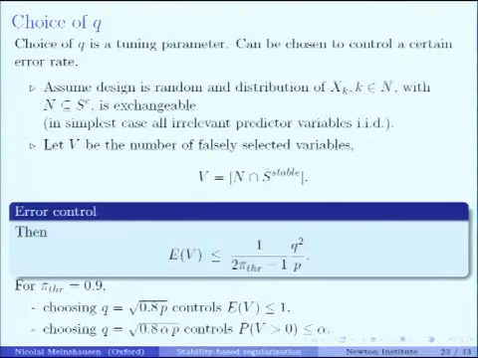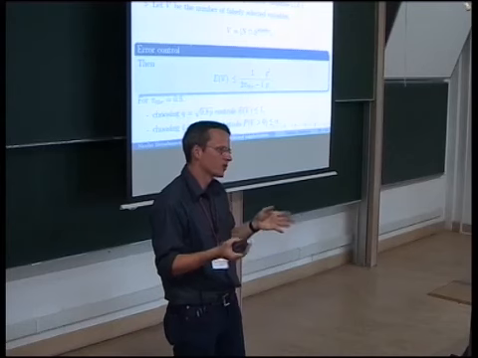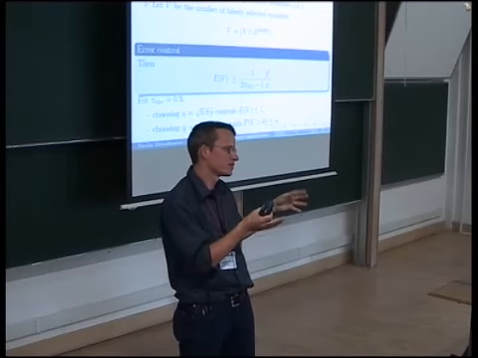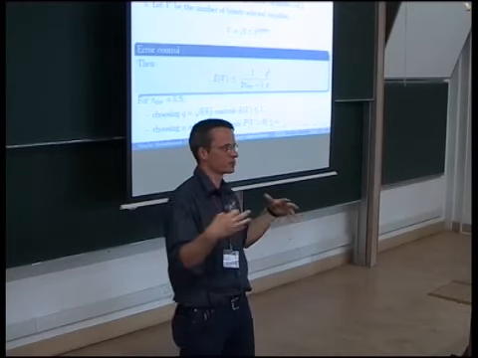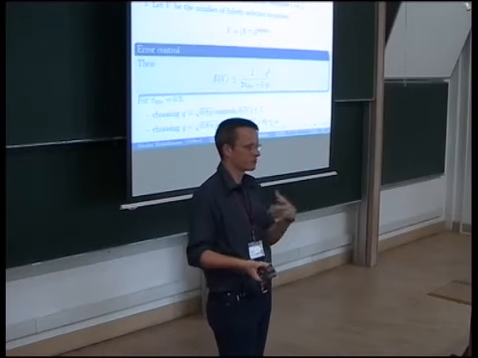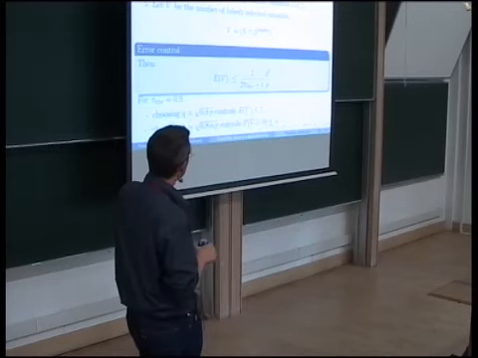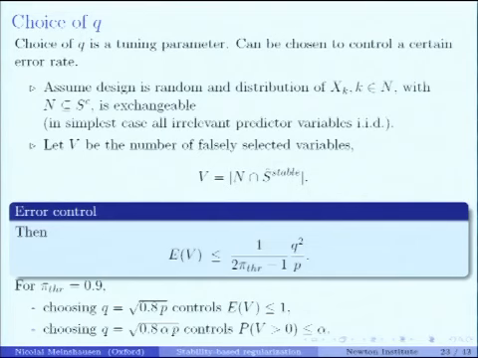So for example, if Q is the number of variables you include in the first iteration, that should always be about square root P. The intuition behind that is that if you take square root P variables for one set of the data and square root P variables for another set of the data, the probability that there's going to be some overlap is quite small. And if you work it out, you can select Q and pi in a way such that you control that expected false positive rate.